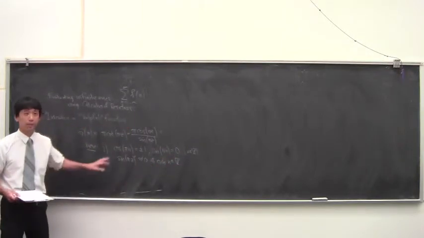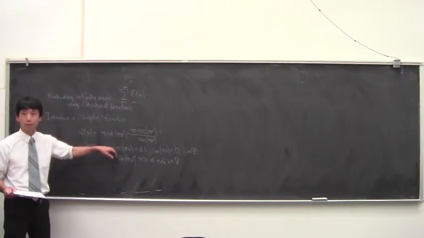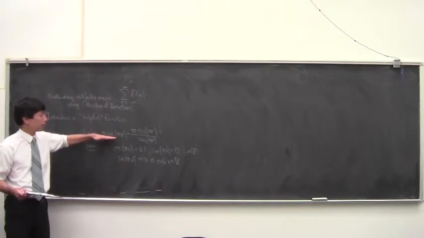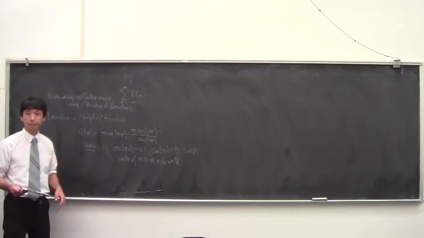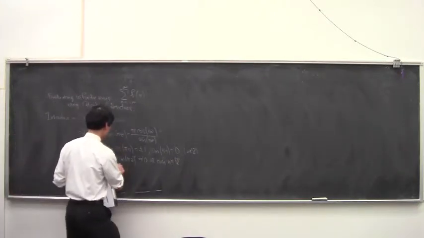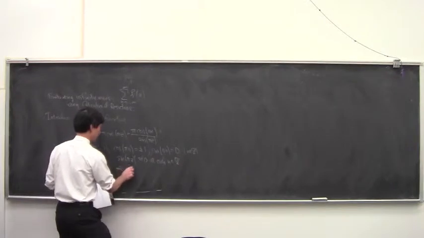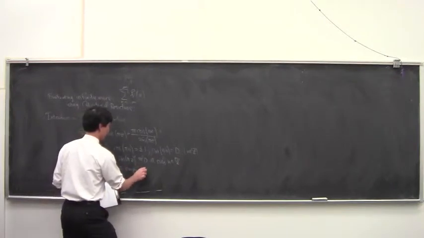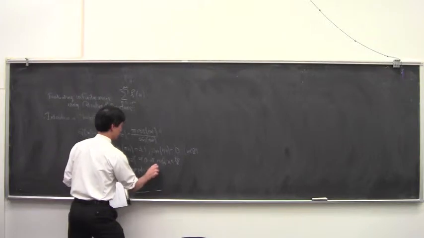Right? And so what does this tell you? This tells you that the thing that we created has simple poles at each integer. Right? So we have simple poles at each integer.